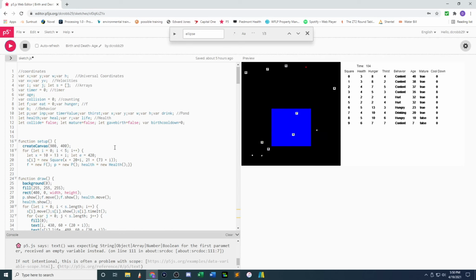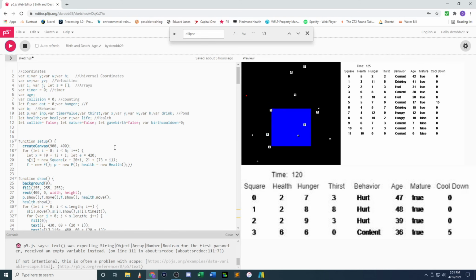I want to make some aggressive squares, some shy squares. I want squares to purposefully kill each other. Now that I've got squares that don't die by running into the wall every time, and they actually die by age now, which baffles me. Square 1 was older than square 0, which should never happen, but it did.